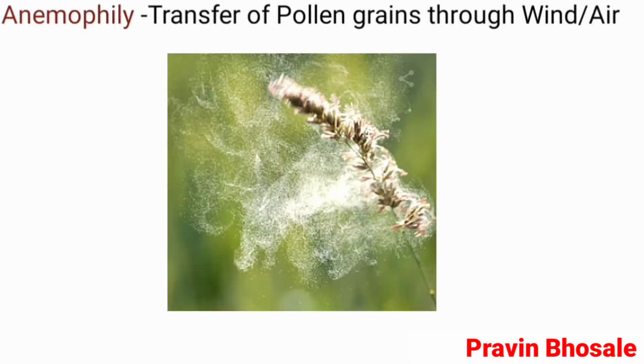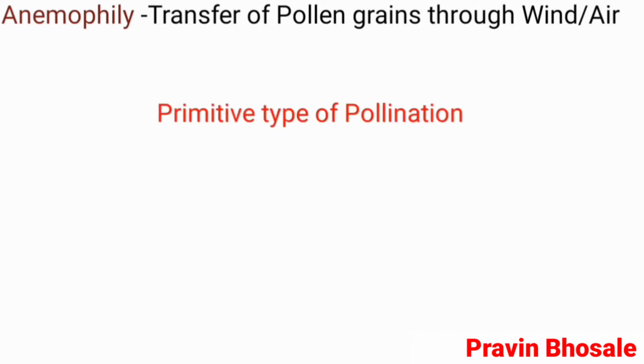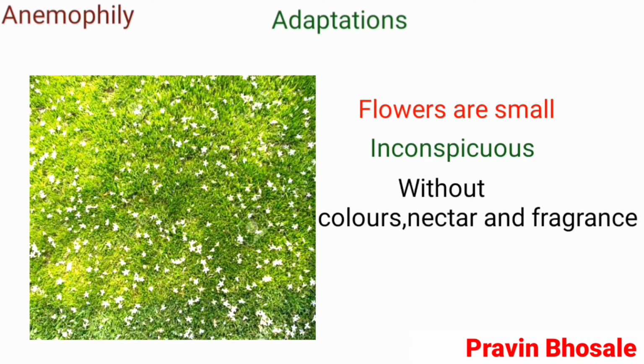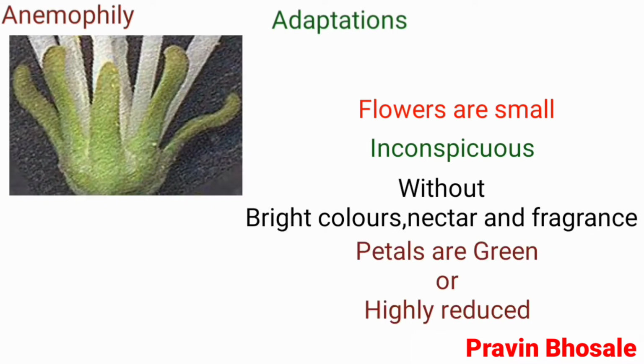Let's start with anemophily. Anemophily is the transfer of pollen grains through wind, air. Anemophily is considered the most primitive type of pollination, and mostly the plant produces unisexual flowers. Adaptations in anemophilous plants: flowers are small, inconspicuous, without bright color, nectar and fragrance.